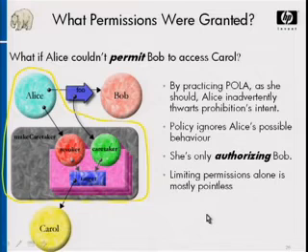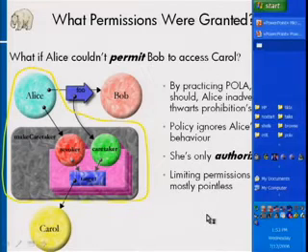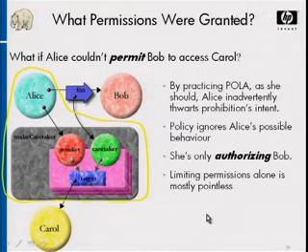So here is the demonstration of why it can't be solved in any architecture. Let's say that we're in an access control list architecture, and we've given Alice permission to access Carol. Carol is a file. We've done a chmod or whatever. We've given Alice permission to access Carol, and we have not given Bob permission to access Carol.